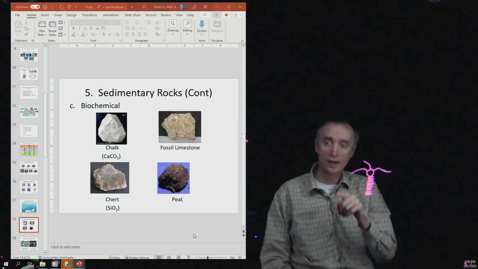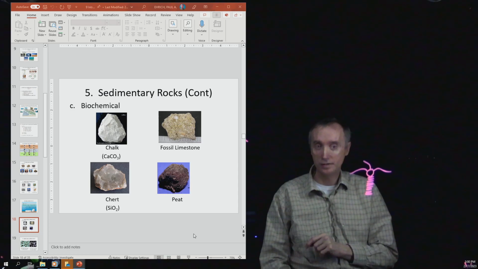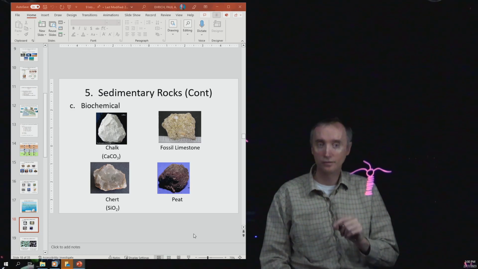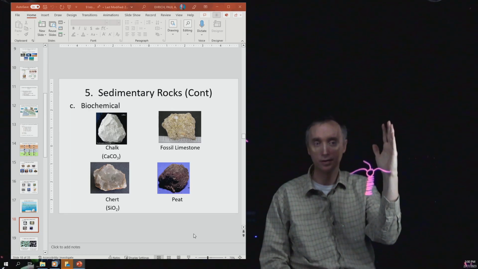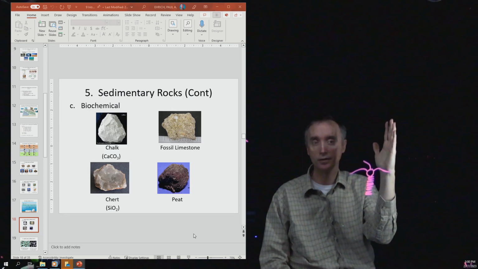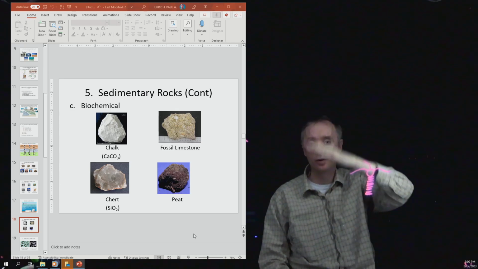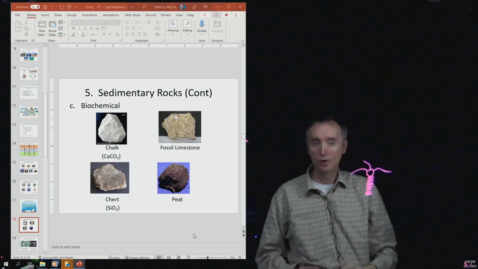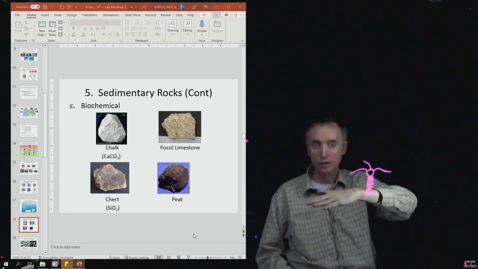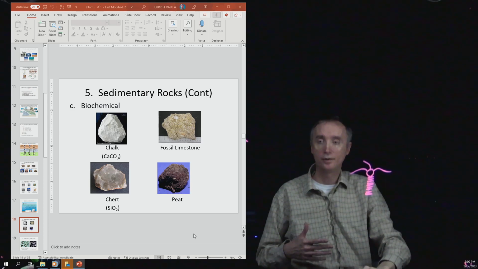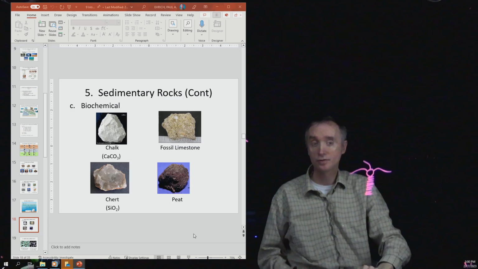Okay, what about that last one there, the peat. So this is going to form in a swamp. Where you've got trees growing in a swamp, when they die, they're going to fall into the swamp. Now, normally, when something organic falls onto the ground, it begins to go away because it starts to react with the oxygen in the air.